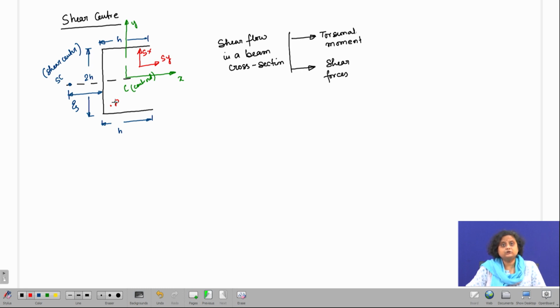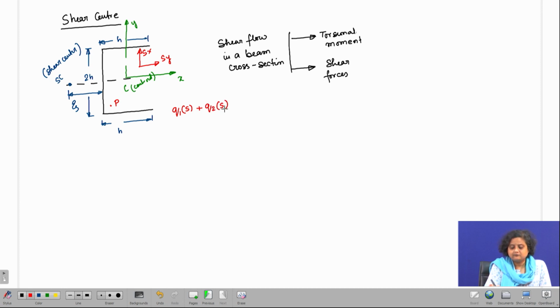Now, this torsional moment in turn is going to produce a shear flow. Therefore, the cross section will experience two shear flows. So, it will experience shear flow 1 and it will experience shear flow 2.